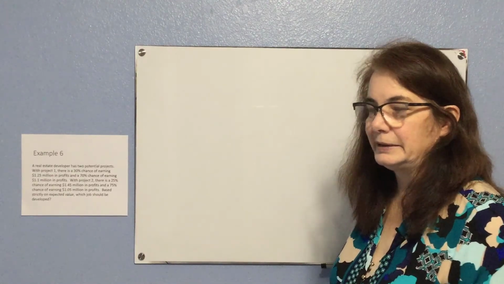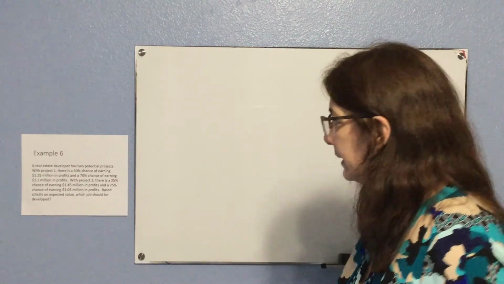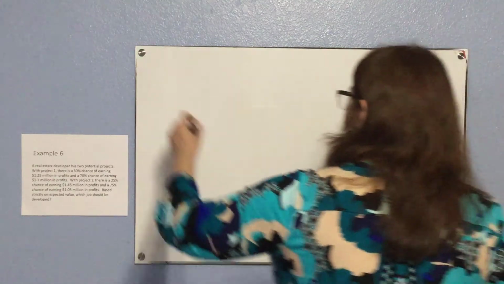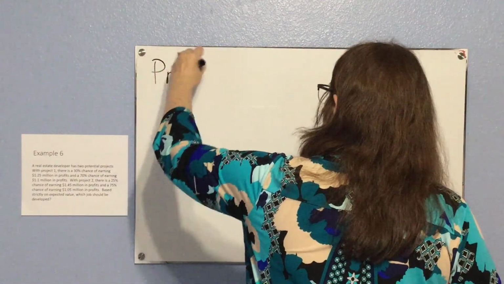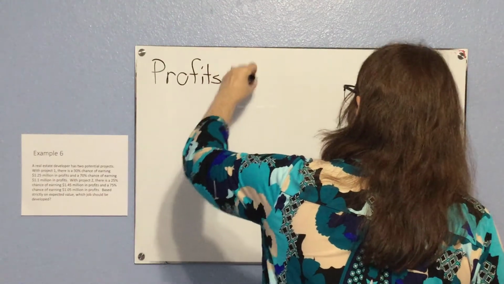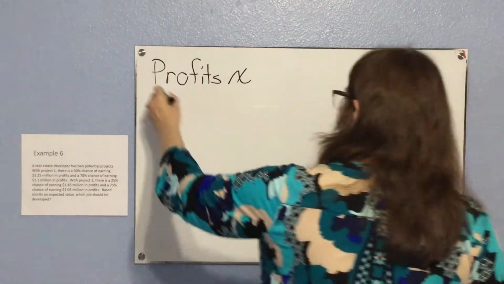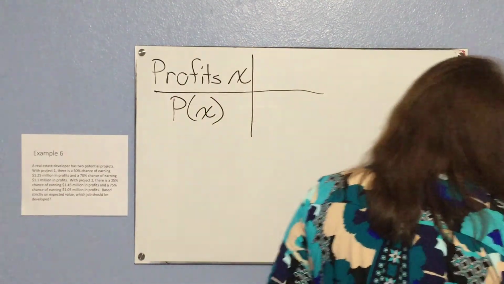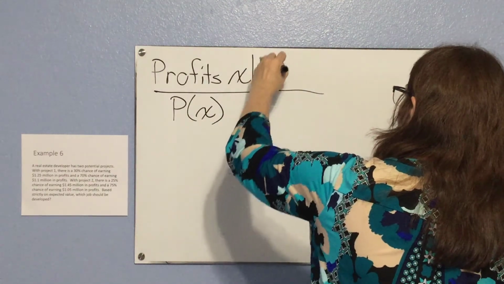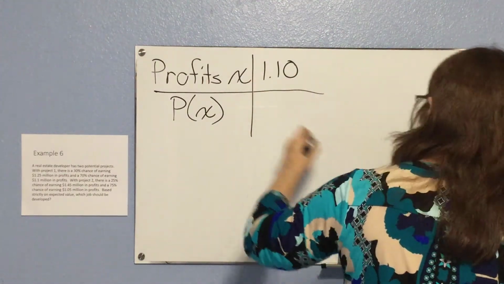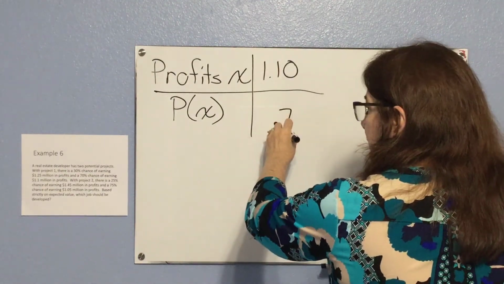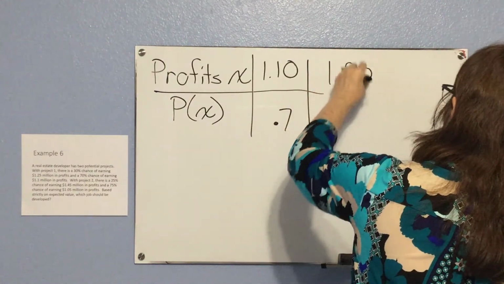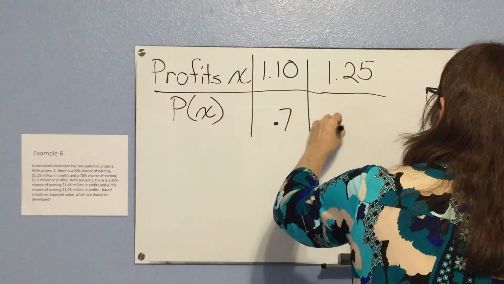So we want to get the most bang for our buck, the most profit that we can. So we are going to need a couple of tables here. So we're going to call the profits a random variable, X, and P of X: 1.10, 0.7, and 1.25 million, 0.3.